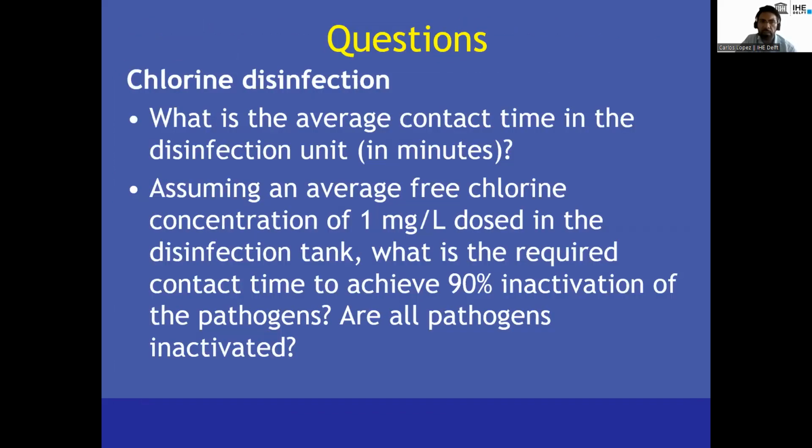If the plant is already built, the first question is: what is the contact time in the disinfection unit, in minutes? The second question is: assuming an average free chlorine concentration of 1 milligram per liter dosed in the disinfection tank, what is the required contact time to achieve 90% inactivation, and based on those conditions, are all the pathogens going to be inactivated?